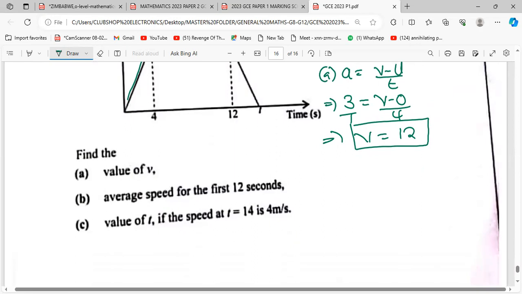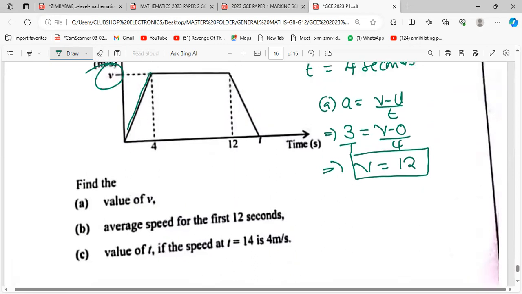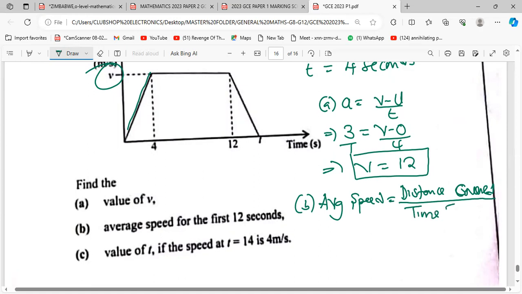The average speed for the first 12 seconds. So average speed is distance covered divided by time taken to cover that distance. So what is the distance covered?